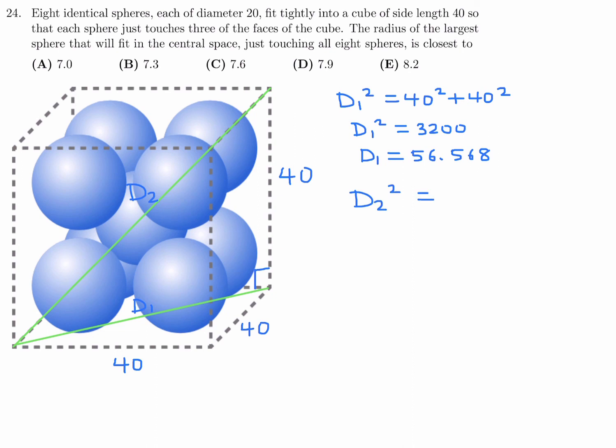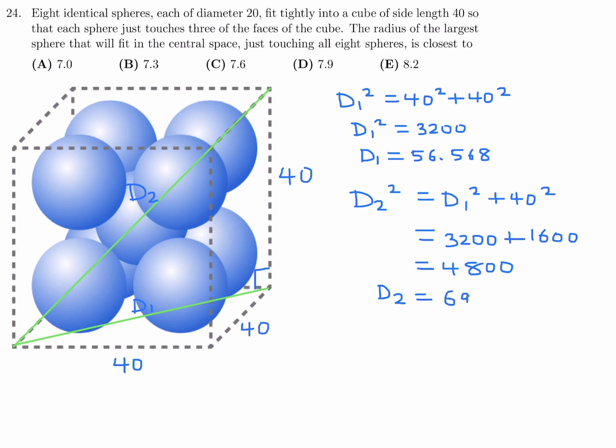And therefore D2 squared is going to be D1 squared plus 40 squared. D1 squared was 3200, and then 40 squared is 1600. So D2 squared is 4800, and therefore D2 is equal to 69.28, like that. So that's the first part of the question. Very important to figure out D2.